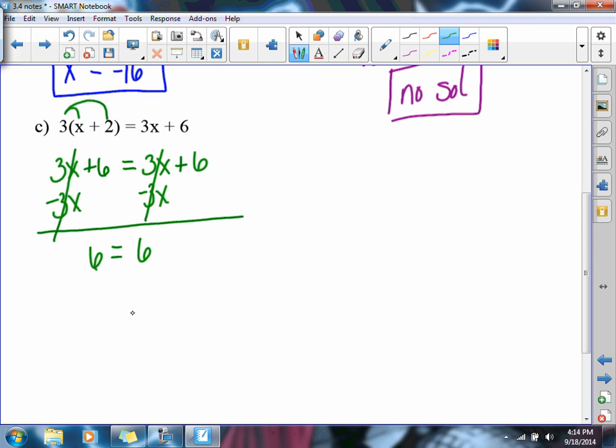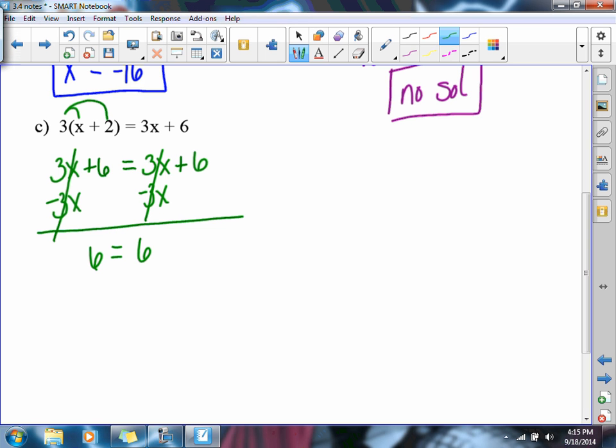And actually, this tells me that one side of the equation is exactly the same as the other side of the equation. So no matter what number I picked for x and substituted it in, I would get the same thing on both sides of the equation every single time, no matter how many numbers I picked for x. And there are infinitely many numbers that I could think of to substitute in there for x.